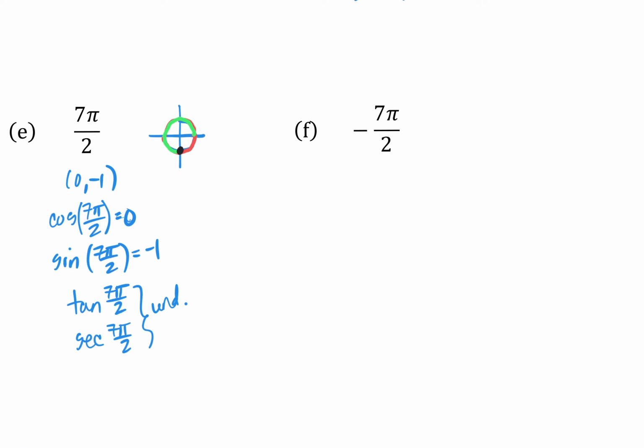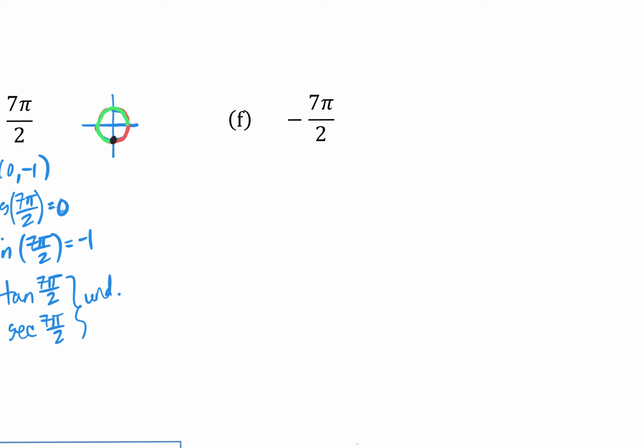Last one, f, we're looking at negative 7 pi over 2. What you could do is keep adding 2 pi until you reach a positive value on the unit circle, or you could just look at your unit circle and count.